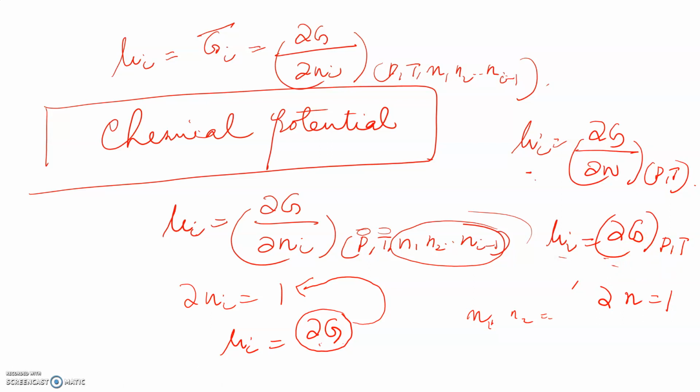Chemical potential, the definition is it is the change in free energy produced by the addition of 1 mole of a component to a large bulk of the system at constant pressure and temperature so that its composition does not undergo any change. We have to keep all other components constant. That's why we are saying the composition does not undergo any change.